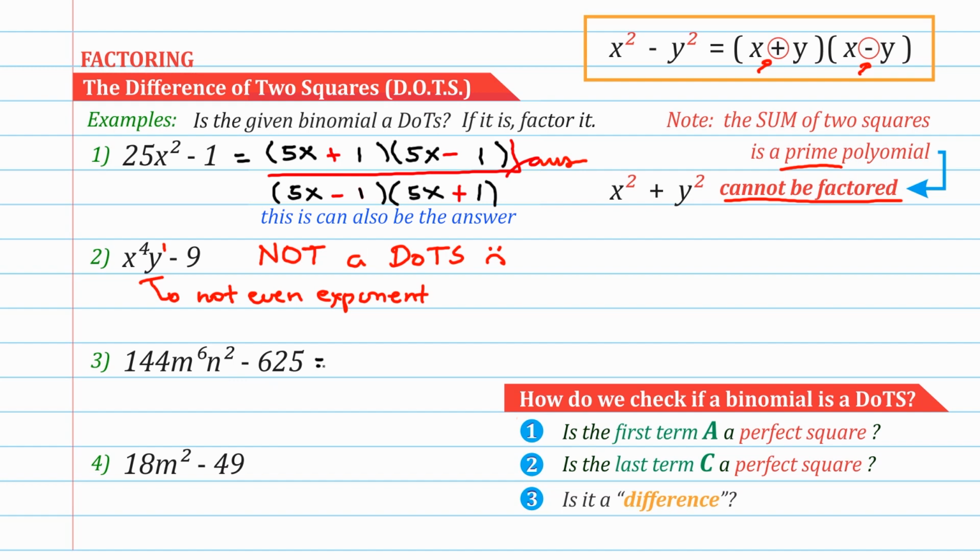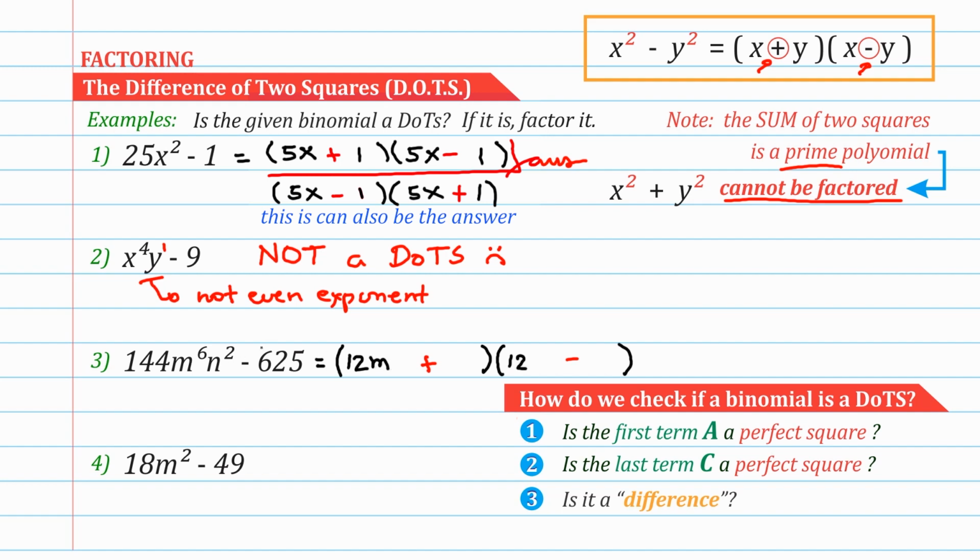Kayang-kaya natin dapat i-factor. Ano na nga ang first thing on our mind kapag nagfa-factor tayo ng difference of 2 squares? It's plus, minus. So, lalagay ko na kagad dito. Plus, minus. Okay. Next, square root of 144. It's 12. Copy, 12. Square root of m to the 6.